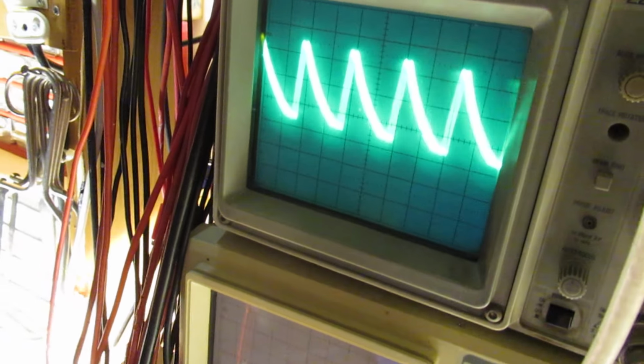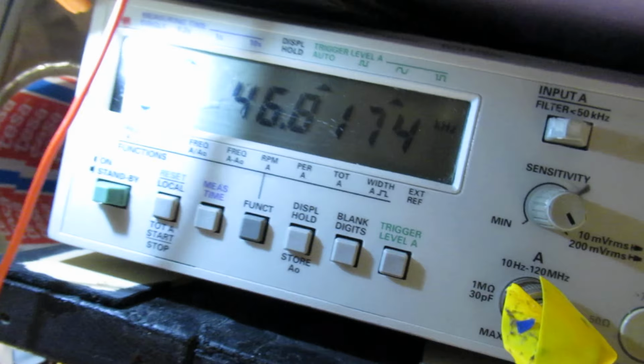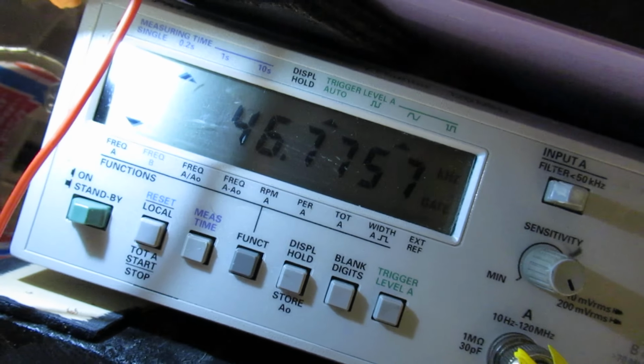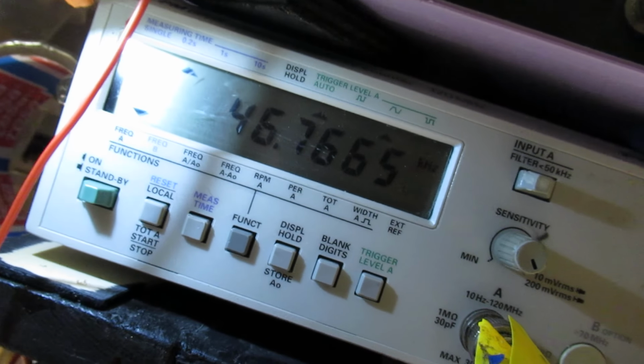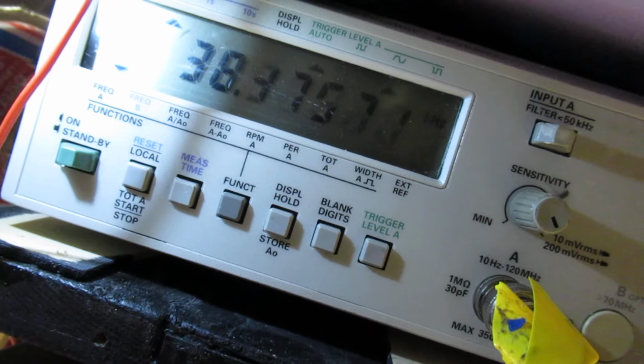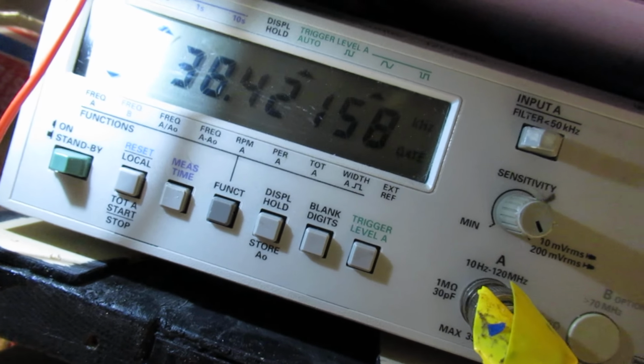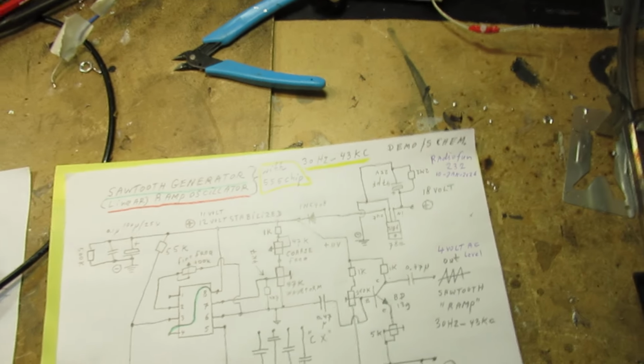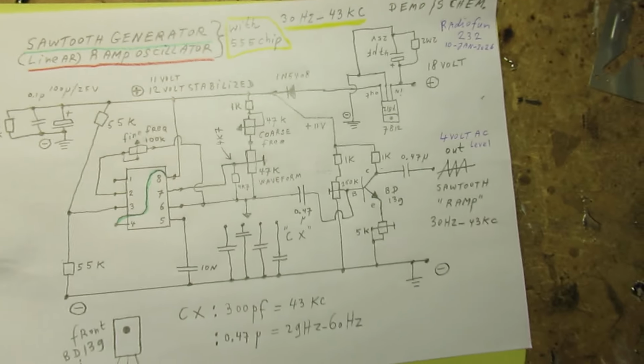You can see a small movement here, but let's look at the frequency counter. 46 kilohertz, 38 kilohertz. So that gives it in my opinion a proper alignment. Thanks for watching.